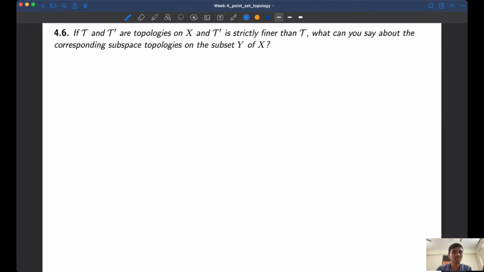You can directly construct an example. Pick X to be a finite set, say {A, B, C}, and take Y to be {A, B}.